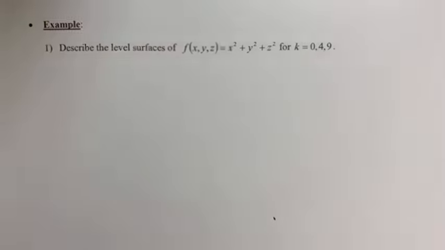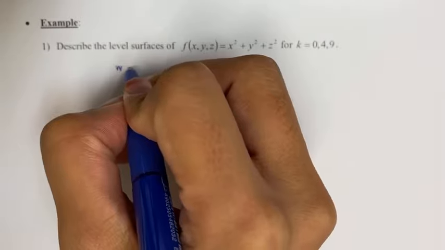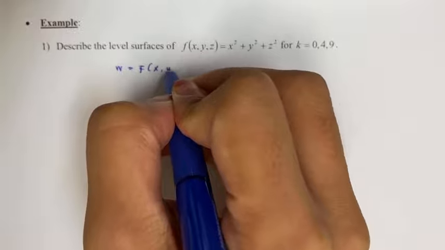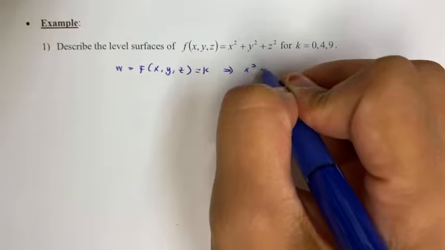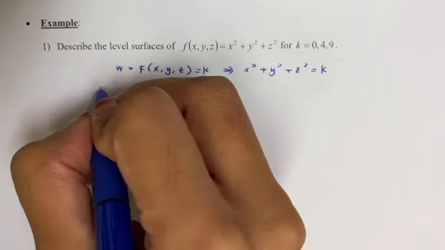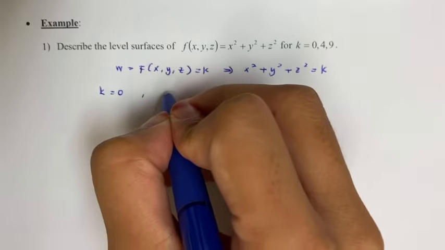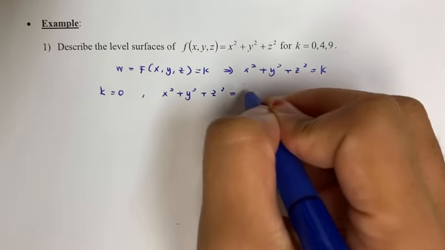The first example: describe the level surfaces of f(x, y, z) equals x square plus y square plus z square for k equal to 0, 4, and 9. So again, W is equal to f(x, y, z) equal to k. So we have x square plus y square plus z square equal to k. For k equal to 0, we have x square plus y square plus z square equal to 0.